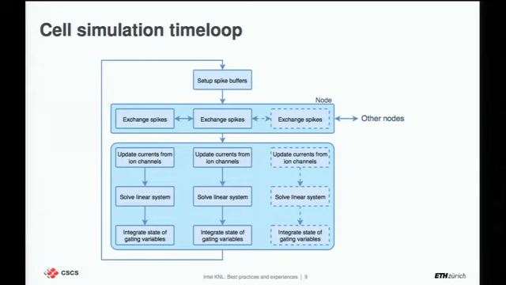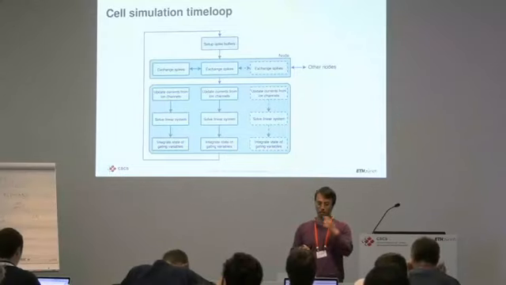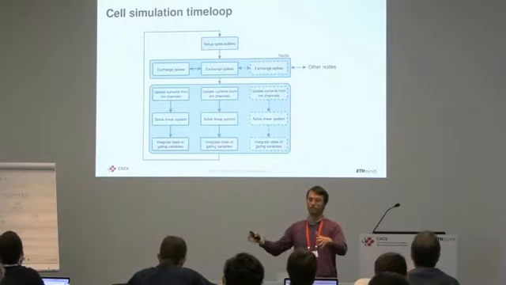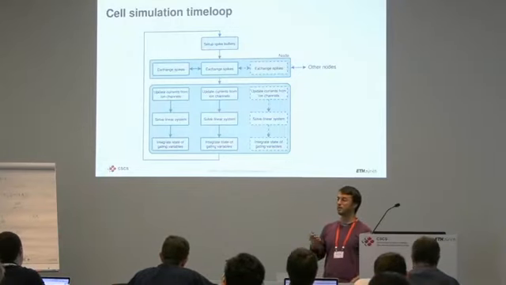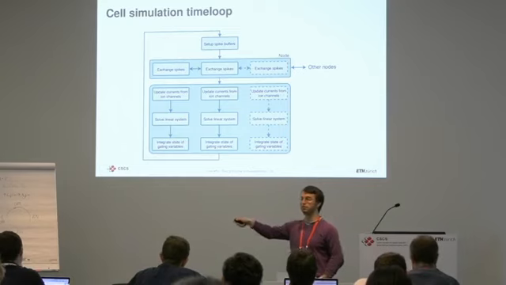And then it's the main computational loop, where there are basically 3 steps. First, we update the currents from the different ion channels. And from the computational point of view, this has some indirect memory references, because you have the compartment indices, and then the array where the vectors or the voltages are stored is indexed based on this compartment index.